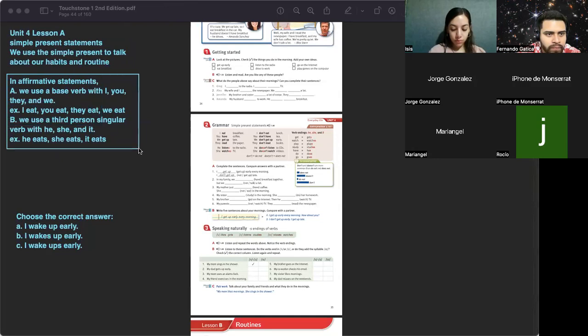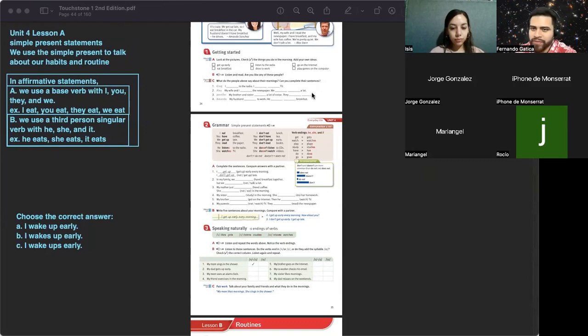Cuando es tercera persona singular. Exactly. Tercera persona singular y debe de ser de su posesión. ¿Cómo su posición? De él o de ella. No. Ese al verbo. Al verbo.